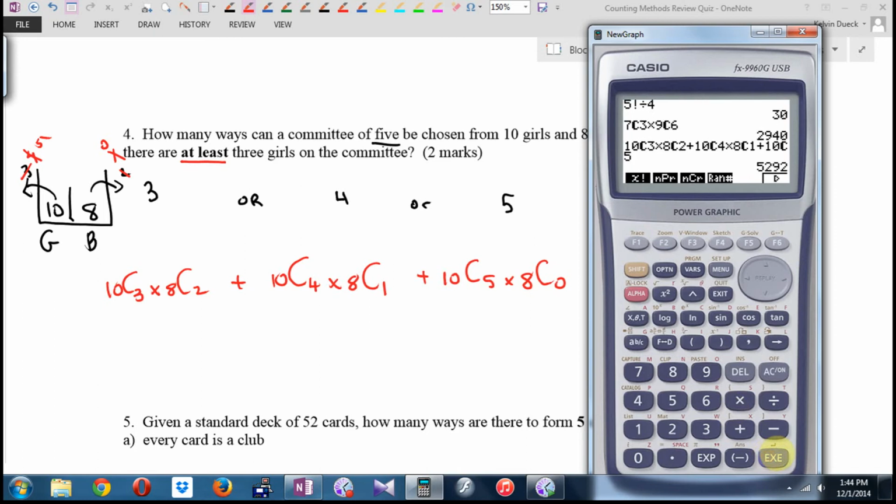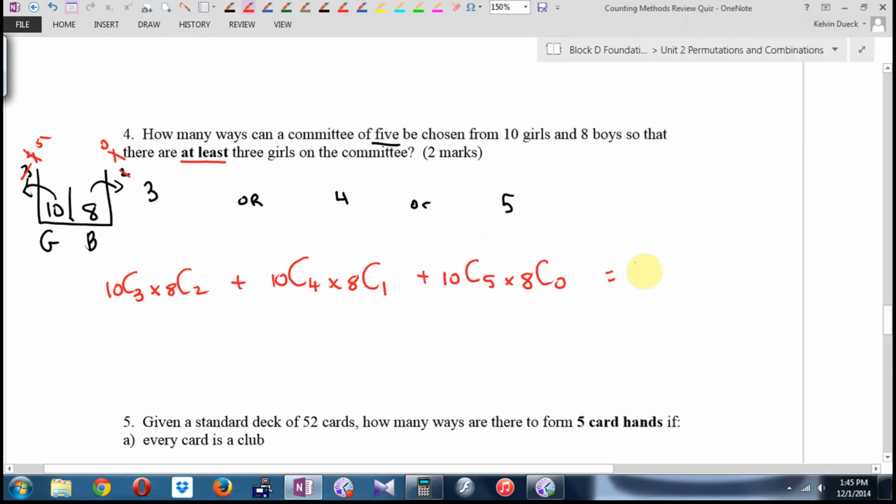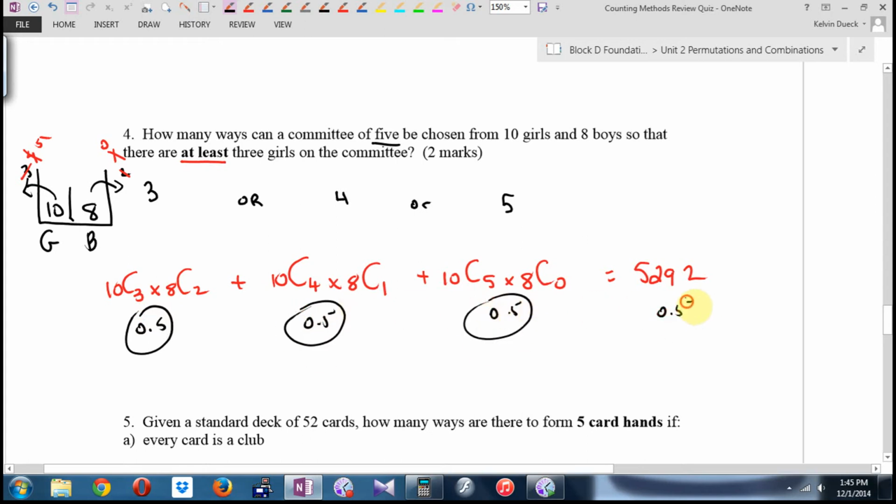Do you get 5,292? Yep. So if you got that, 2 out of 2. If you got that wrong, I would probably give a half mark if I saw that, a half mark if I saw that, a half mark if I saw that, and a half mark for the answer.